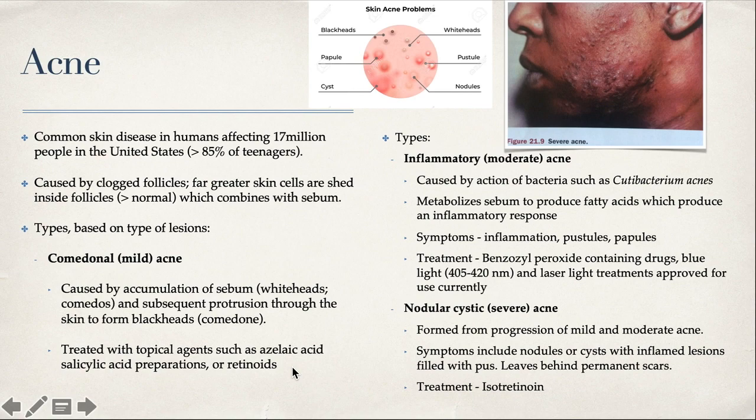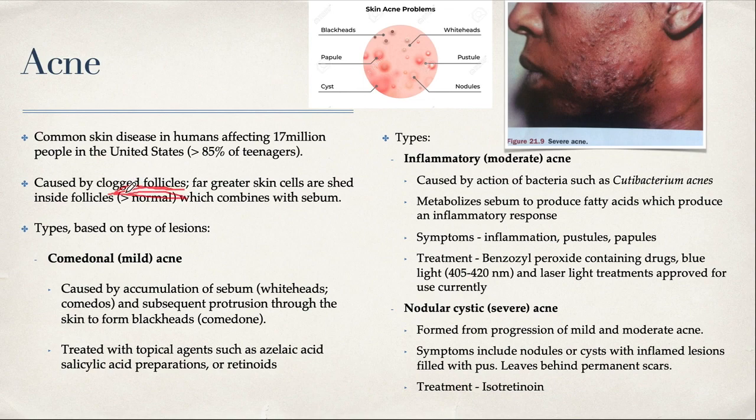Then you have acne. Acne is a common skin disease that you find in several people. About 70 million people in the US have it. More commonly in teenagers than older people. And it's caused by clogged follicles.